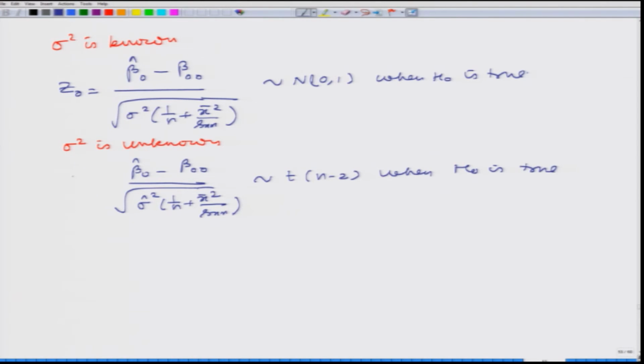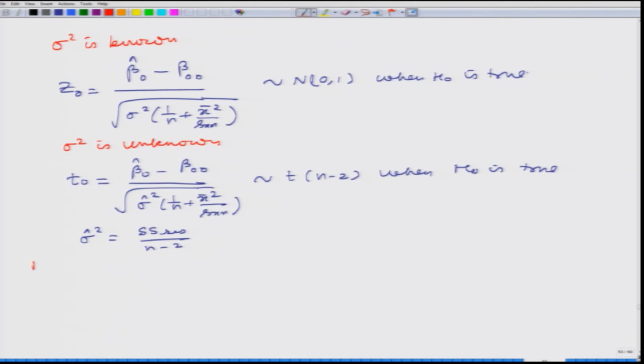Let us denote this quantity as T naught. Here we estimate sigma square hat again by SS res divided by n minus 2, right.